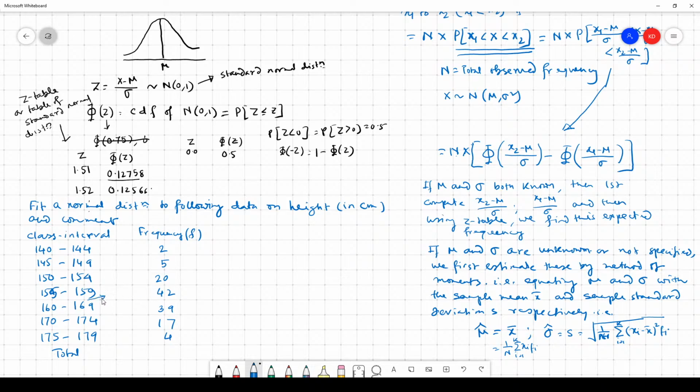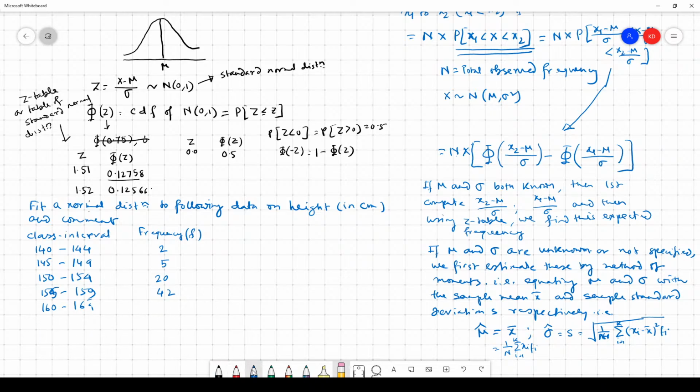Okay. Please add one more class, that is one after 155 to 159. Add one more class, that is 160 to 164. Okay, so please change this portion.